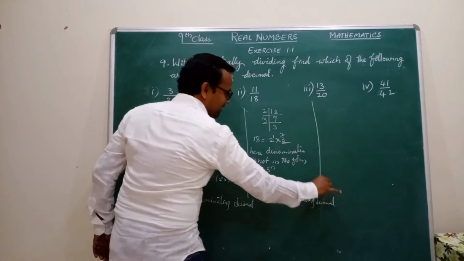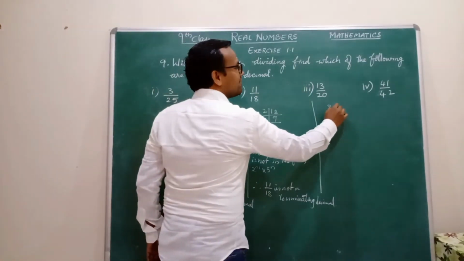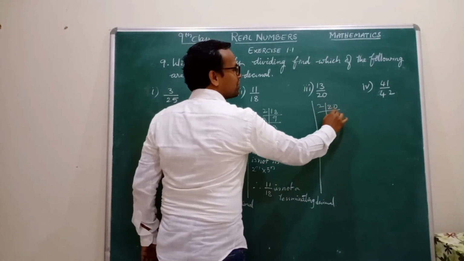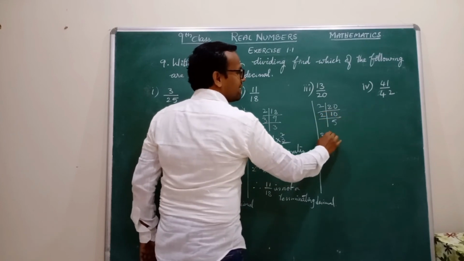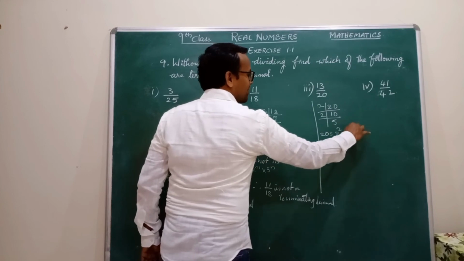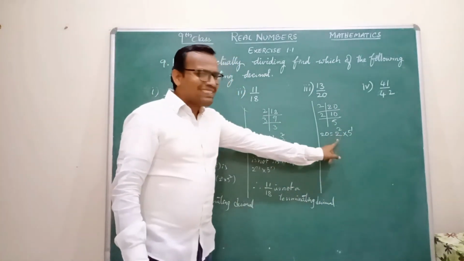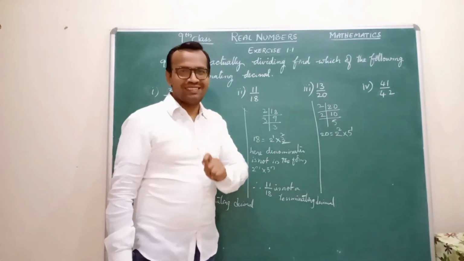Okay. Now the third one. Denominator is 20 and the prime factorization for 20 is 2 tens are 20, 2 fives are 10. So 20 can be written as 2 into 2, 2 square into 5 power 1. Now is this in the form of 2 power m into 5 power n? Yes.